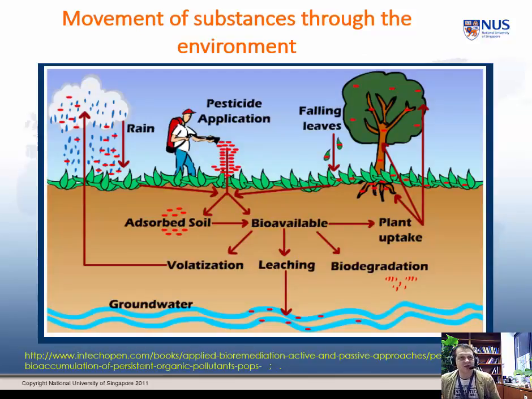Okay, time to stop, I think, talking about those processes, and let's see how this actually translates in terms of movement of substances through the environment. So we have our farmer or our person putting a pesticide on some weeds maybe.